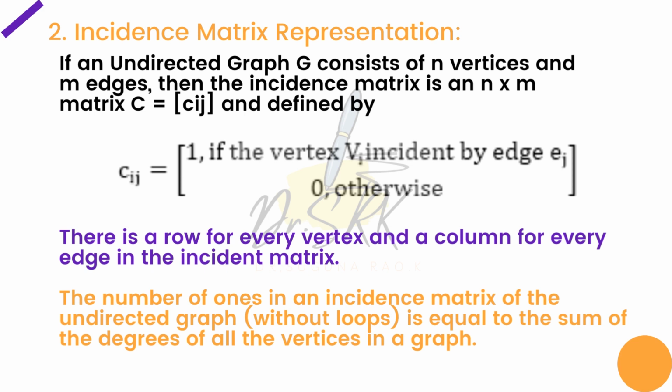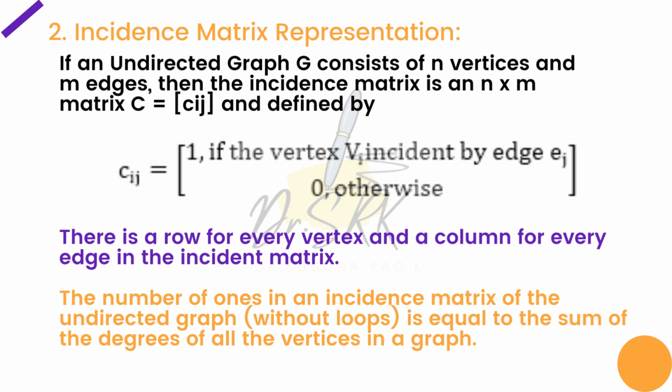There is a row for every vertex and a column for every edge in the incidence matrix. That means vertices can be taken as rows, and edges can be taken as columns.